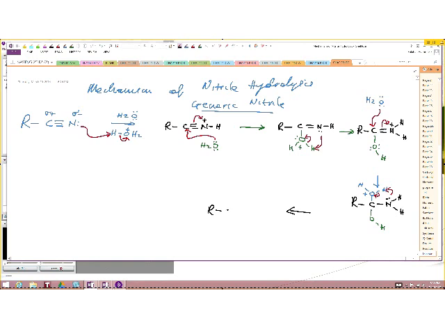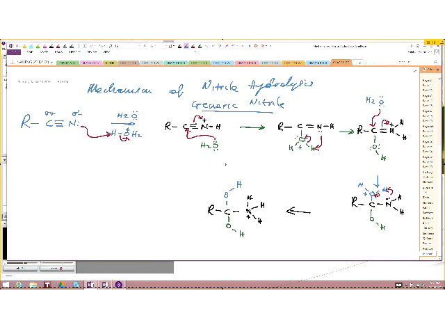We have this, and we have this. And all of these things happen very rapidly. Even though it seems slow as we write it, they do happen very rapidly.